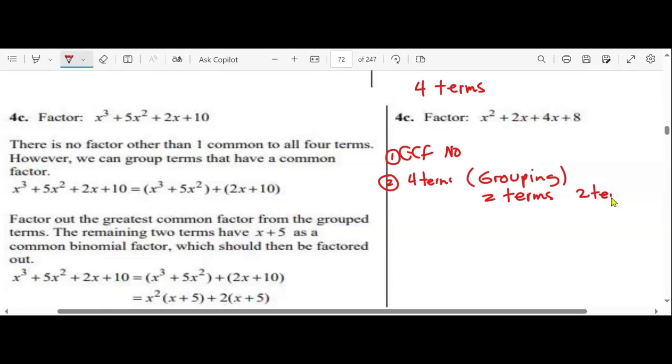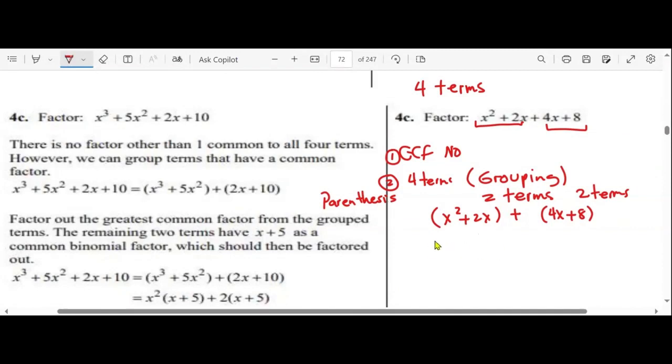You can take any 2 terms, but let's start with the easy way, the first 2 and the last 2. So let's take the first 2 together and put them inside a parenthesis. Then the second 2, put them inside a parenthesis.